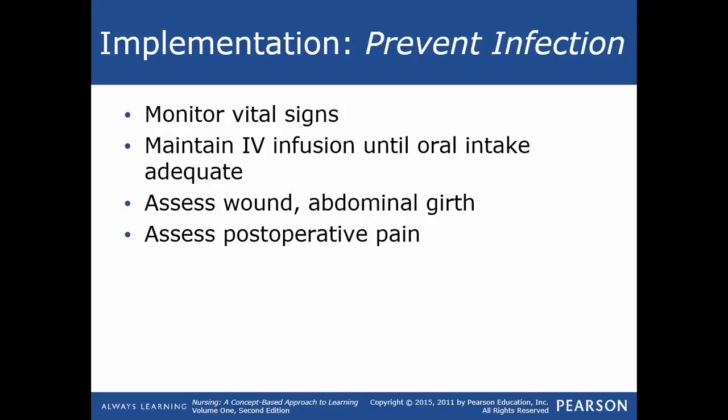You want to maintain that IV infusion until oral intake is adequate. They also use that IV to administer antibiotics. You want to assess the wound, also looking at abdominal girth and their postoperative pain. If you have swelling in the wound, an increased abdominal girth, or increased pain, that could indicate infection or peritonitis.